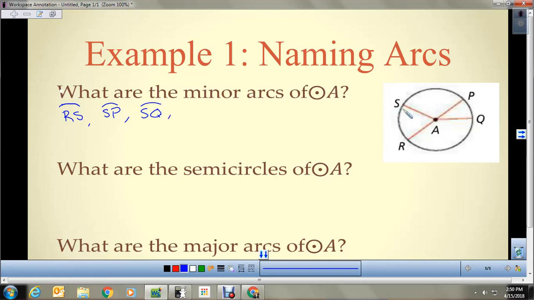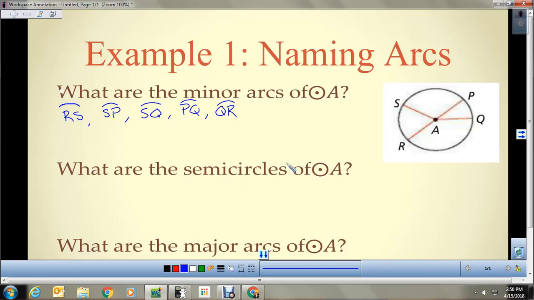So we've got RS, we have SP, we have SQ. Now we can go PQ. And then we can go over here to Q and go to R, so that is going to be our last one here, which is QR. So we've gone around our circle naming all of our minor arcs. Remember, in a minor arc, they only use 2 letters.